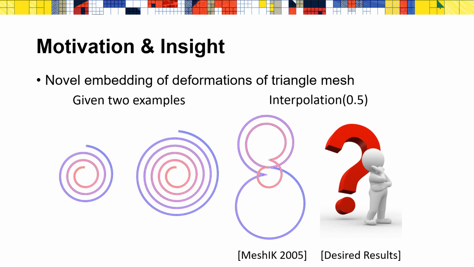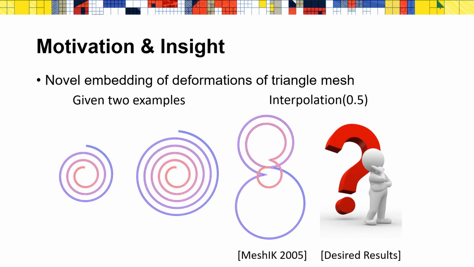Firstly, we need to design a shape deformation representation that could handle very large scale deformation, such as these two examples. The lines were rotated multiple cycles. If we blend them directly with the deformation gradient, we could not get a good result.